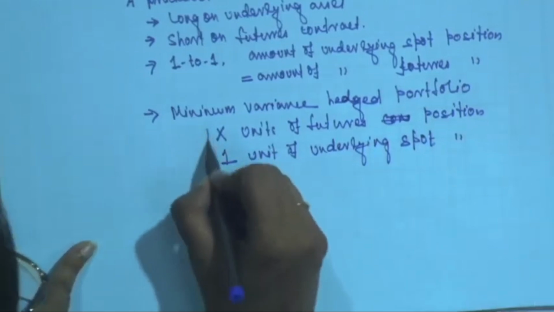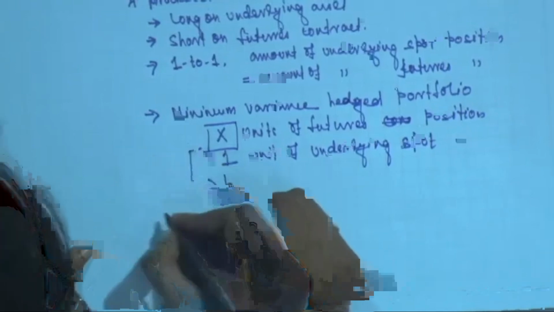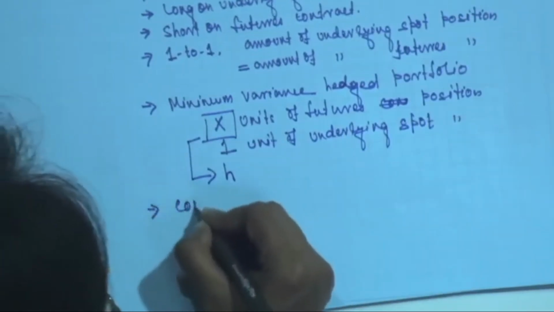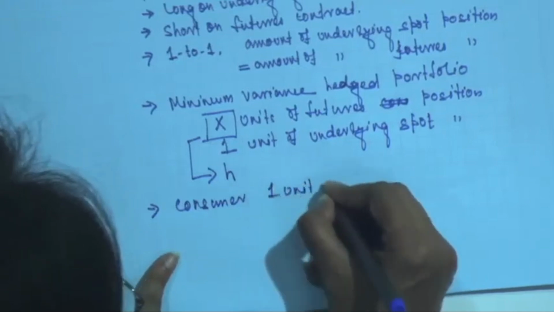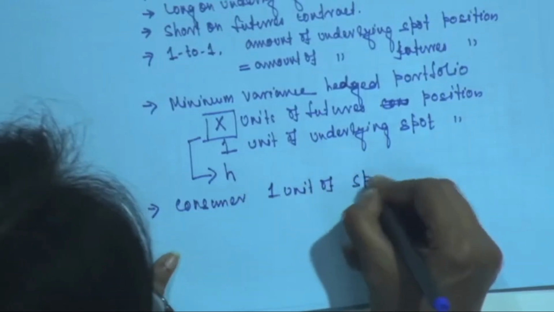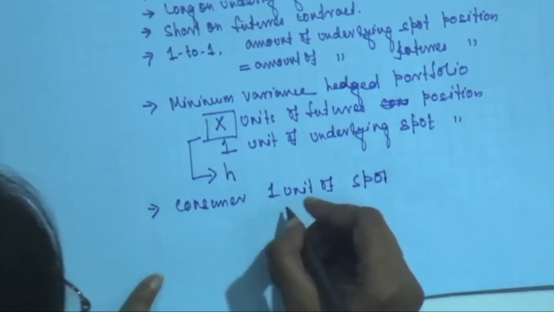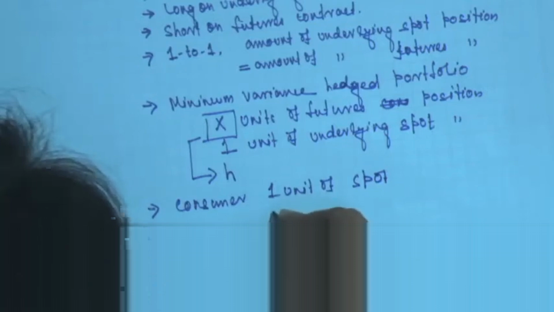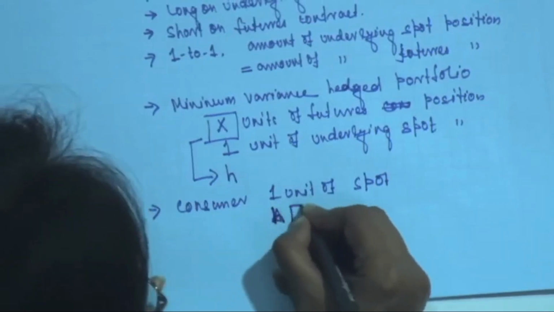So let's represent this X unit as RH, the hedge ratio. If a consumer has 1 unit of spot, he would like to mitigate that risk with H units of futures.